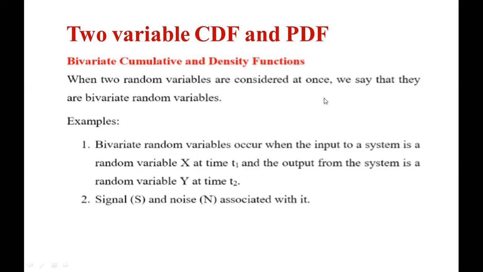When two random variables are considered at once, we say that they are bivariate random variables. Example: when an input to a system is random variable X at time t1 and the output of the system is random variable Y at time t2, we call such an experiment bivariate.